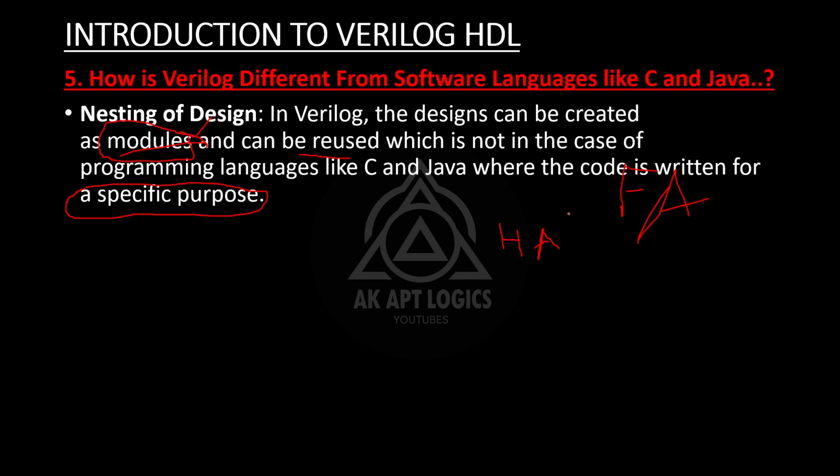If we write a design and test it using the TB, then instantiation will be there. We can instantiate this half adder and make the full adder. So it means we are going to reuse this code. This is the point given here.